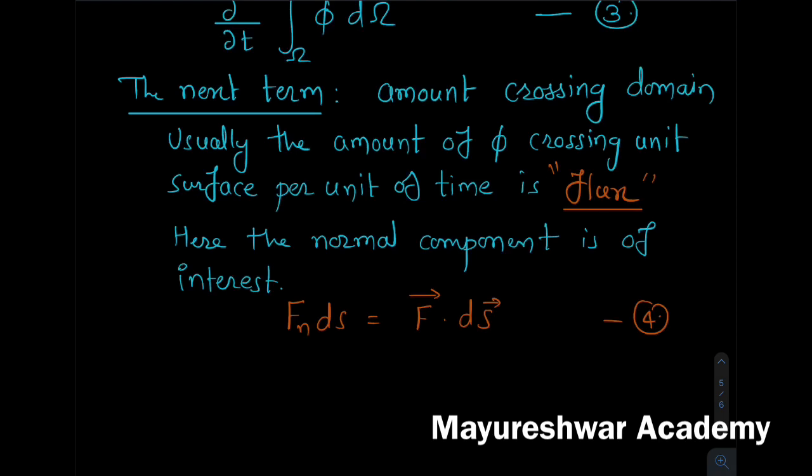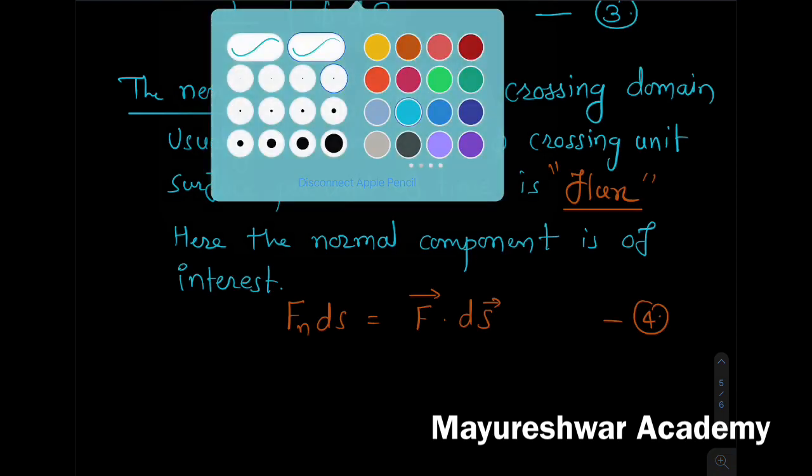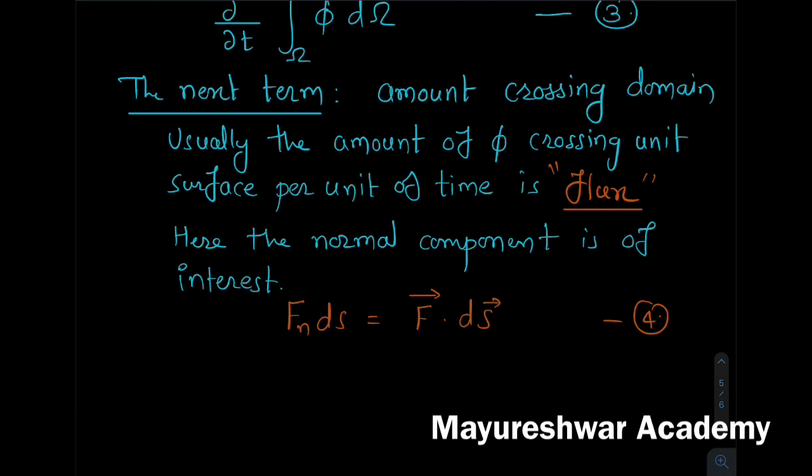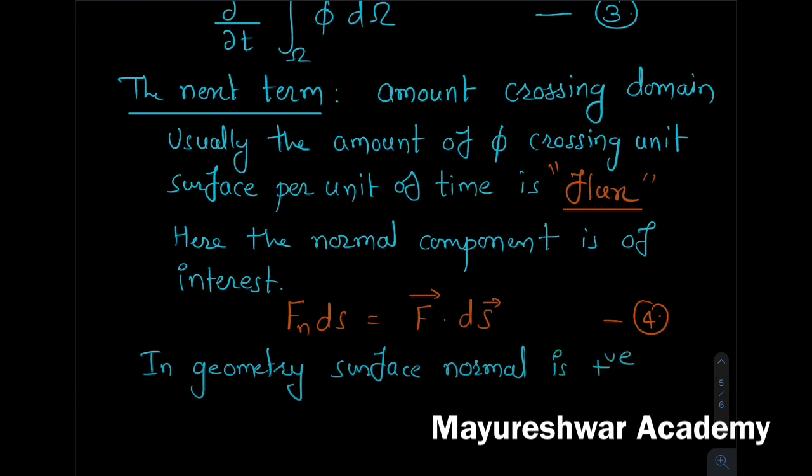Let us call this the fourth term. So usually in geometry we are told that the surface normal is positive when pointing outwards, and in this case flux is coming inwards.